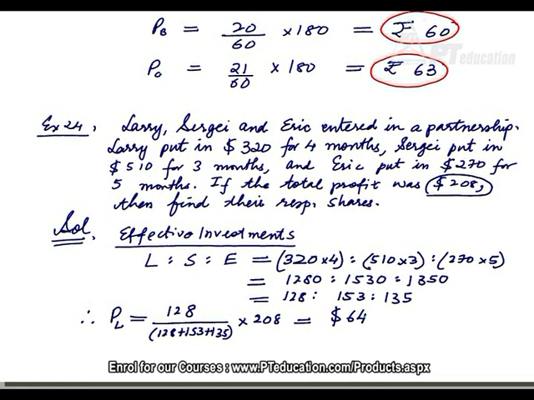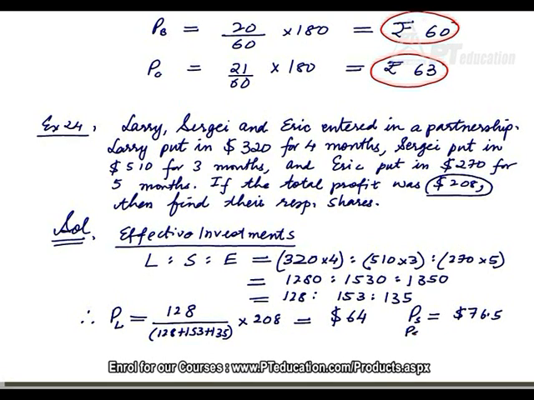By the same logic, the profit share of Sergey will be 153 upon 128 plus 153 plus 135 into $208, which will be $76.5.